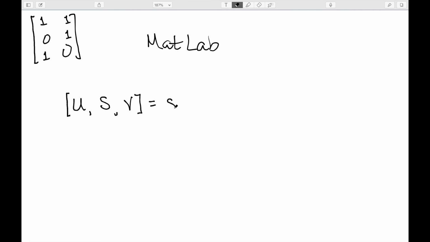And then we're going to use the command svd of our matrix A. And this will output 3 matrices, where A is equal to U times S times V transpose. It'll output our singular value decomposition.